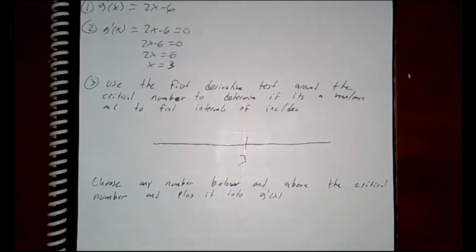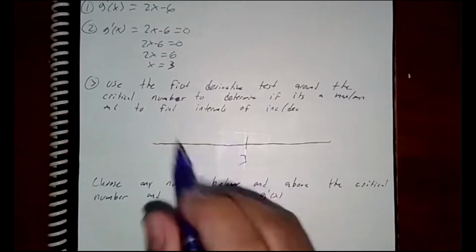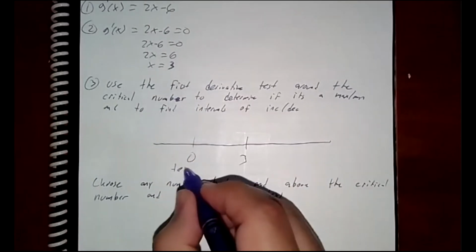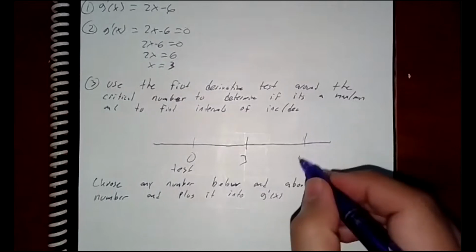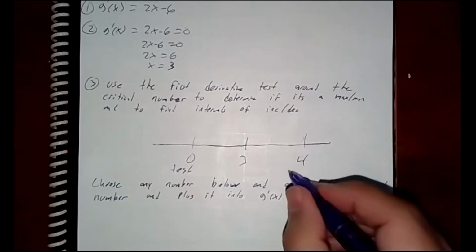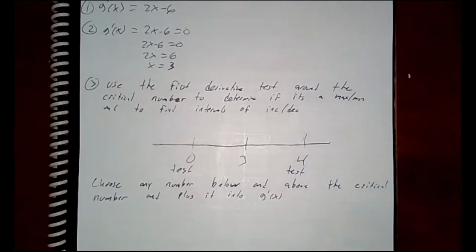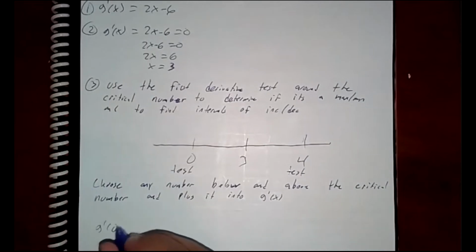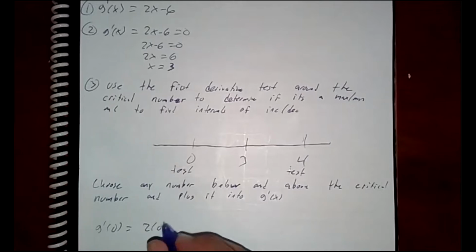Pick whatever you want. I'm going to pick 0 as my test point, and 4 on the other side, trying to plug in simple numbers. So g prime of 0 would be equal to 2 times 0 minus 6, which is negative.